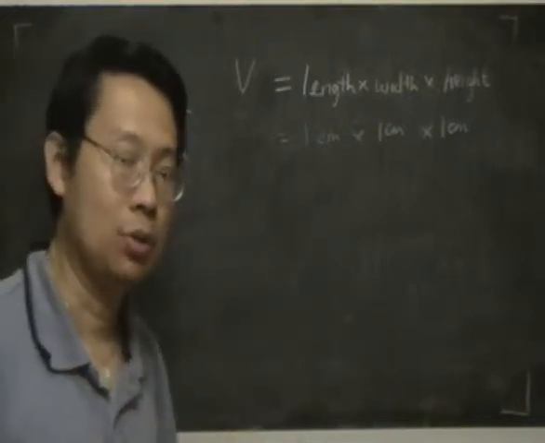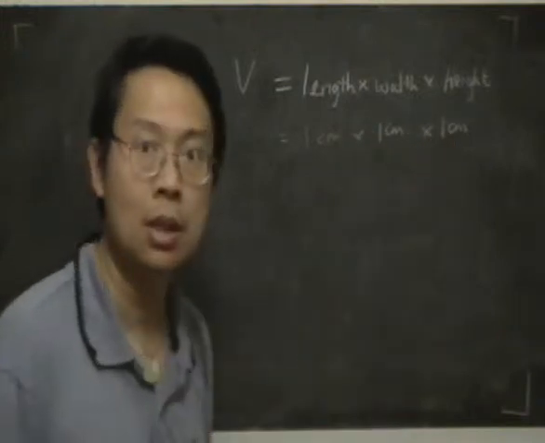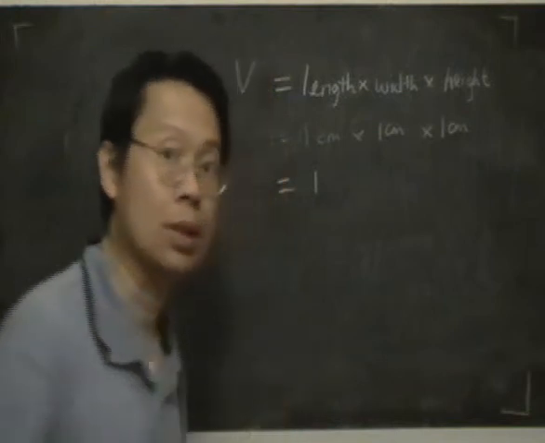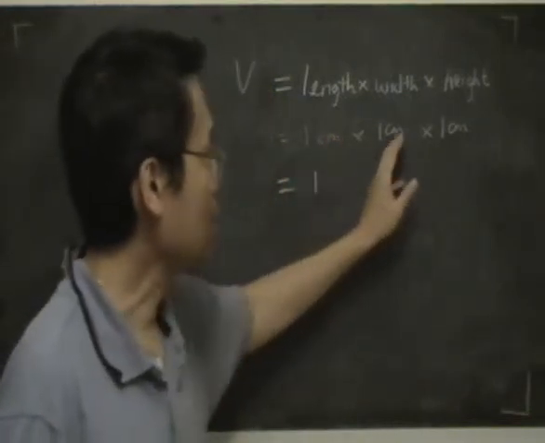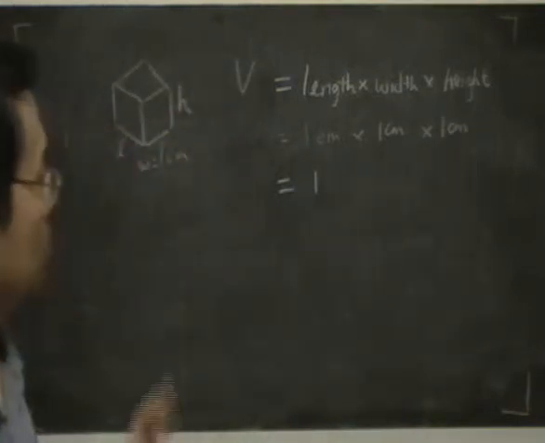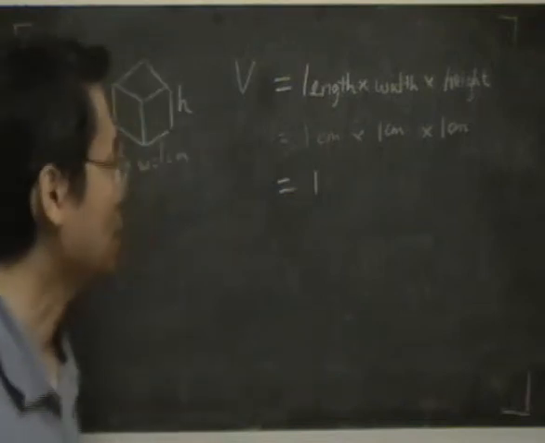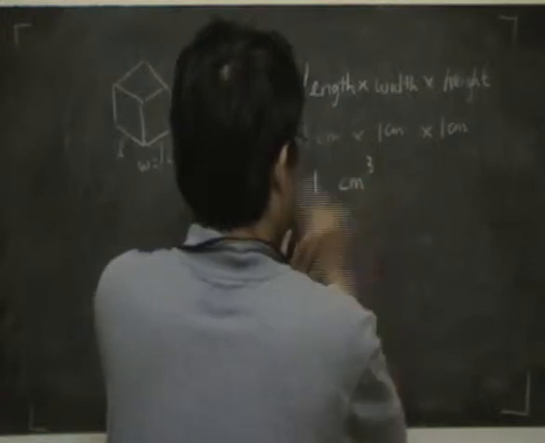Now, if I calculate the answer for this, it will be 1 times 1 times 1. Answer is 1. And the units would be cm times cm times cm. So 3 cm's multiply together, we have cm cubed.